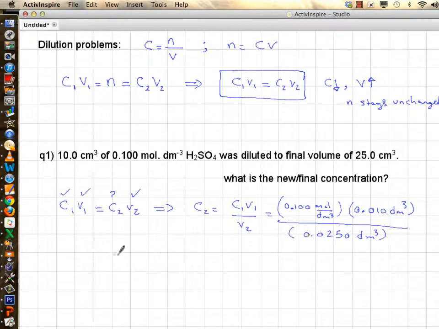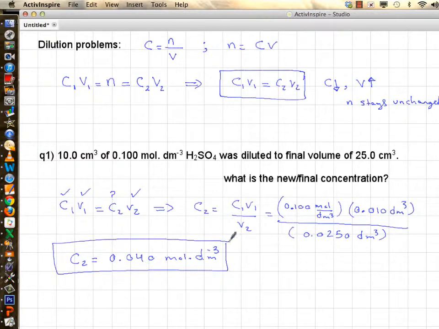When we do this, your new concentration becomes 0.040 mole per decimeter cubed. So this is your new concentration, easy to apply. Now let's look at another question.